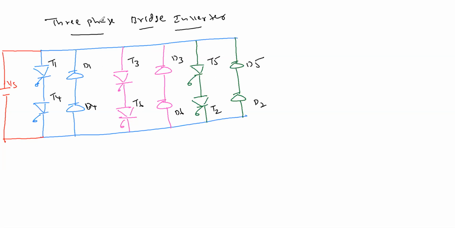Now where is load connected here? Load is connected. This is one A phase, one phase. You'll get the output. Let me take out this. And here you'll get one more voltage. Let me take out here. Here one more voltage.